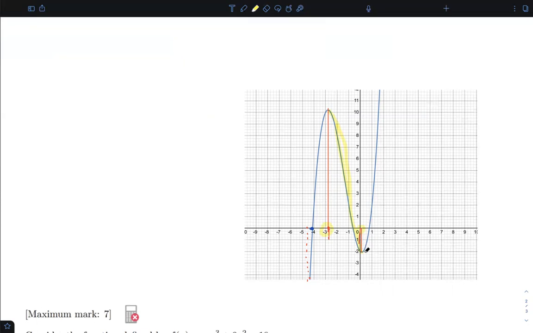And again, the function is increasing from x equal to this value to whatever the value of x is over here. So in this region, the derivative dy dx should be positive. In this region, the derivative dy dx should be negative. And again, in this region, this part of the curve, the derivative dy dx will again be positive.